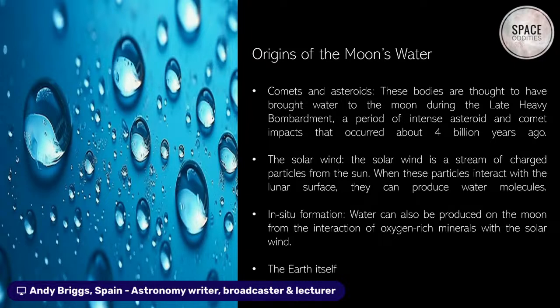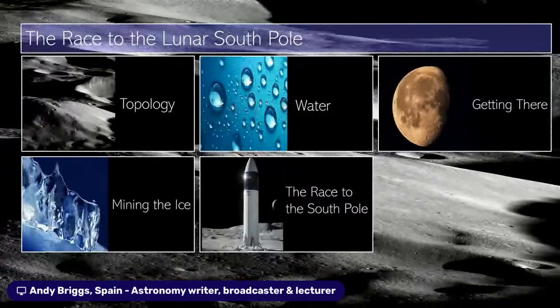We don't know, basically, is the answer. But then again, we don't really know where Earth's water came from in the first place. So that's a bit uncertain at the moment. So a few possible origins for the moon's water, but I think a lot of it primarily will come from comets and asteroids.